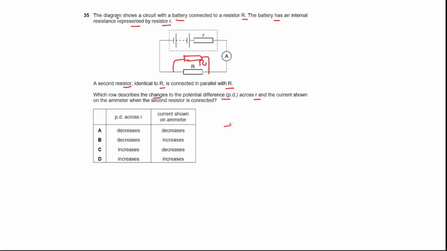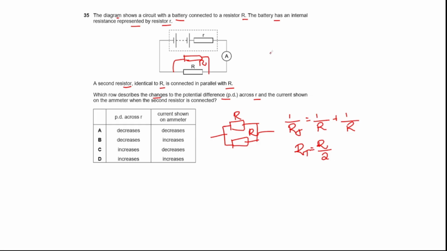One resistor and another resistor, and both of them have resistance R. In a parallel connection, 1 over R total is 1 over R plus 1 over R, and that gives the total resistance as R divided by 2. So the total resistance now is just half the previous value. R was the previous one.